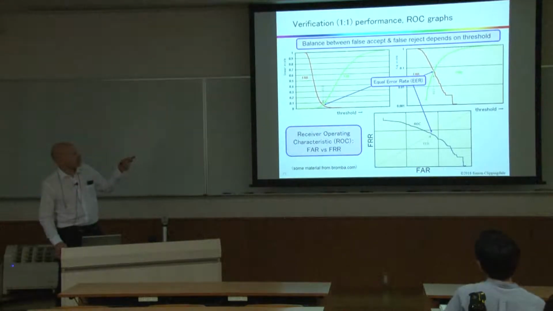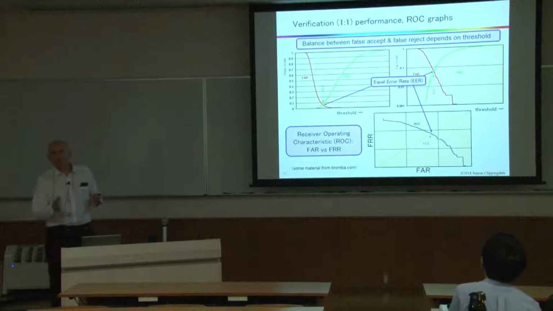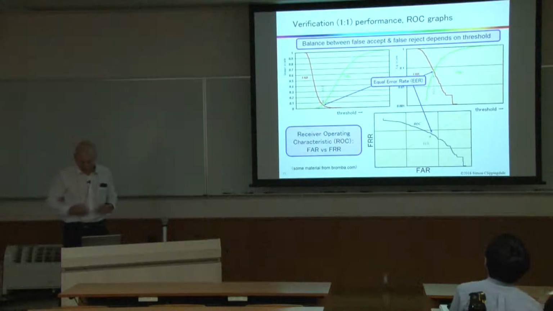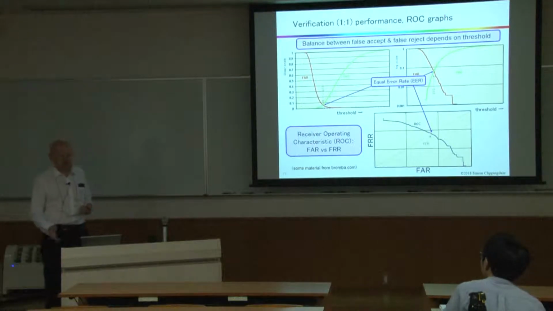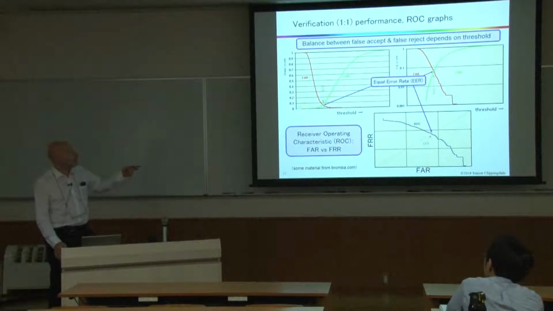The balance between false accept and false reject tends to depend on a threshold. If you set the sensitivity of your detector and say, well, if the input face is this similar or more to my stored photo in the database, then we'll count it as a positive verification, otherwise negative. And as the sensitivity of your detector here, the threshold, varies, the false accept rate will fall and the false reject rate will rise.